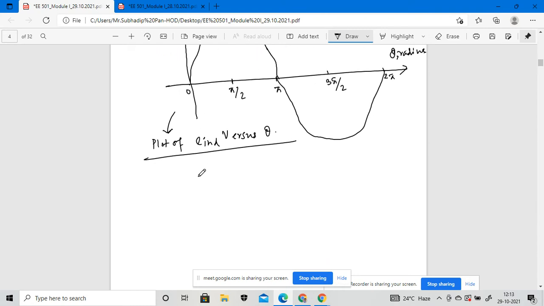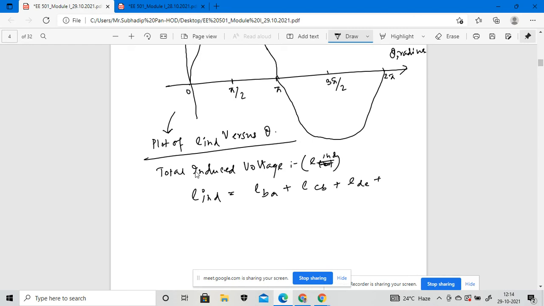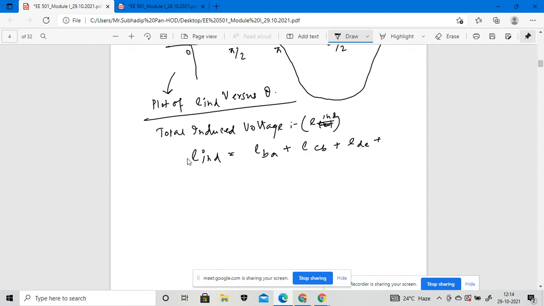The total induced voltage, E total or E induced, is my E of BA segment, the first segment, then E of CB plus E of DC plus E of DA.